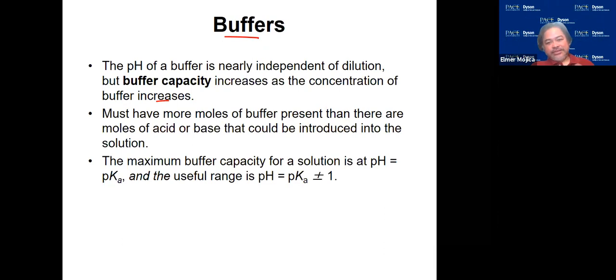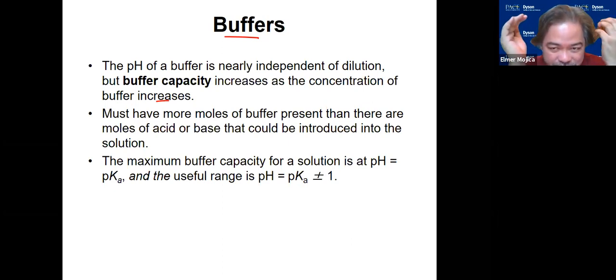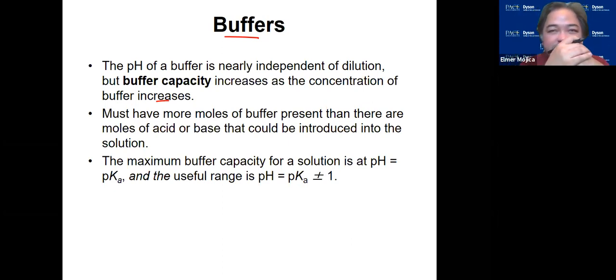Whatever the concentration of your buffer system, it will give you that pKa value, or whatever is the pH of that pKa value. However, the strength or the capacity of the buffer depends on the concentration. What does it mean? The higher the concentration of your buffer system, the more it can resist drastic pH changes.